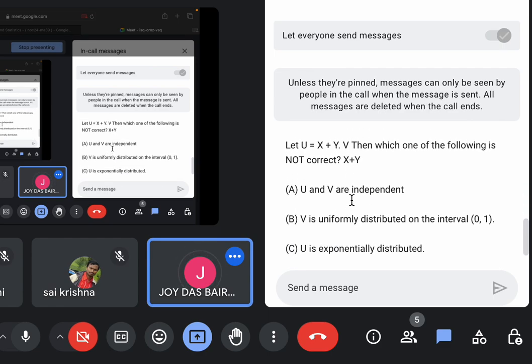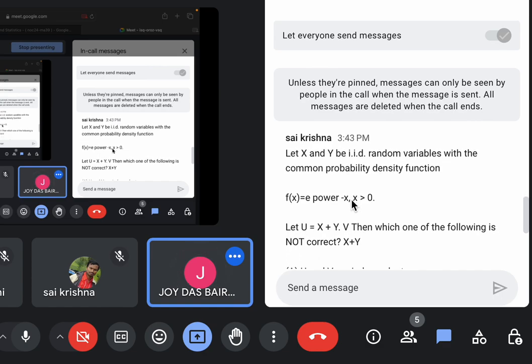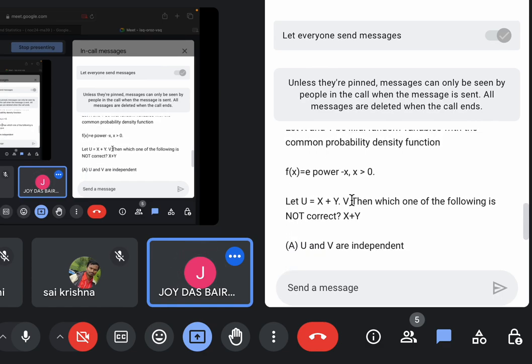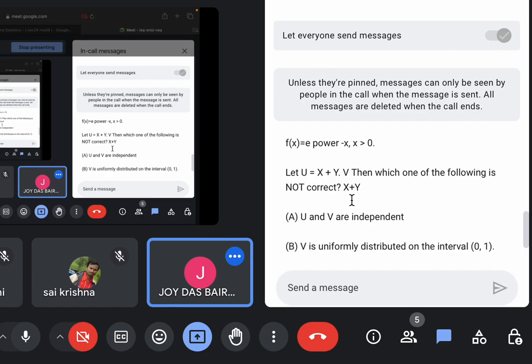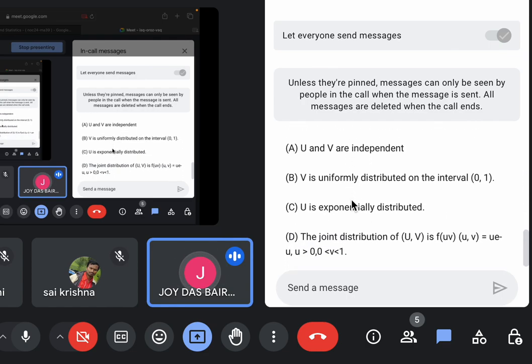U and V independent, Y and V independent. U and V are not independent, V is distributed on 0 to 1, U is exponentially distributed, and the joint distribution.